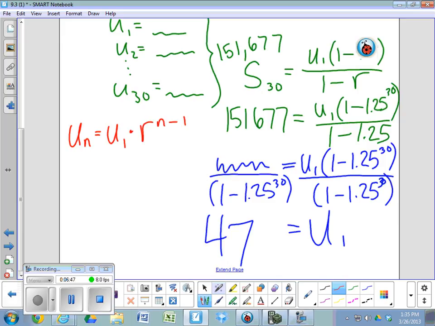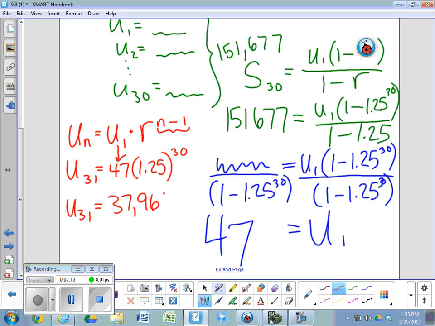I now know everything that I need to know to find out how many leaves he ate on day 31. We know U1, we know R, and the exponent would be 31 minus 1, 30. And that comes out to be 37,966 leaves consumed by Caterpillarsaurus on day 31. How that helps us defeat him, I have no idea.